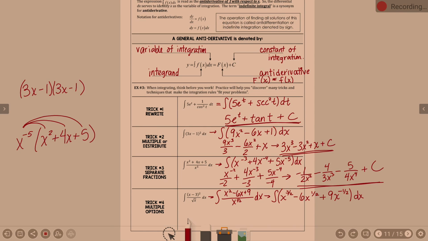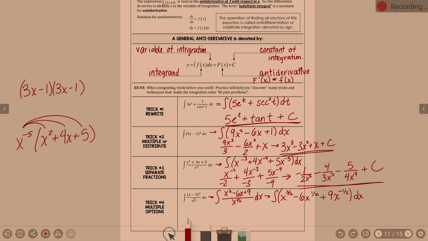Okay. Integrate. This is where your rule comes in handy, isn't it? Because it's really bad looking. I'm going to write it out one way, and we can clean it up in a moment, although I'm running out of room.